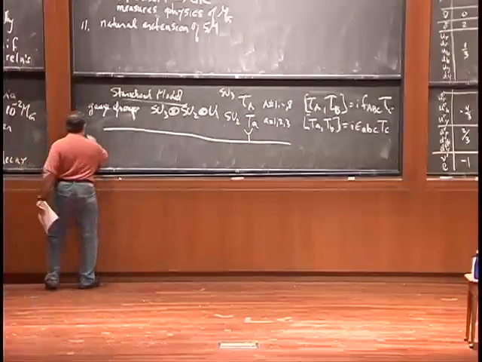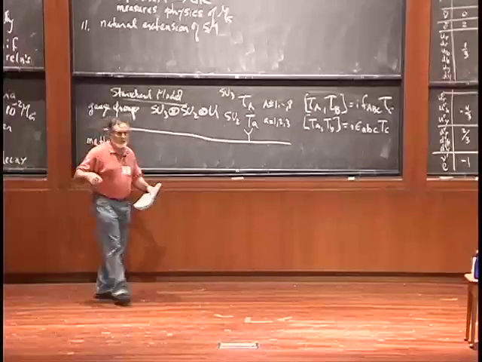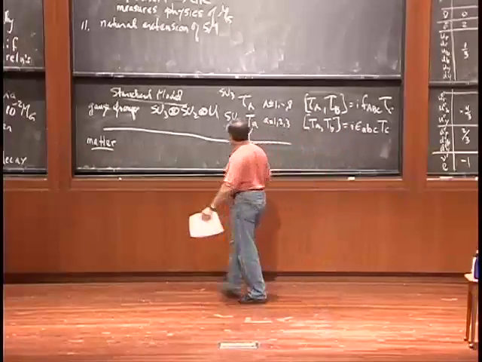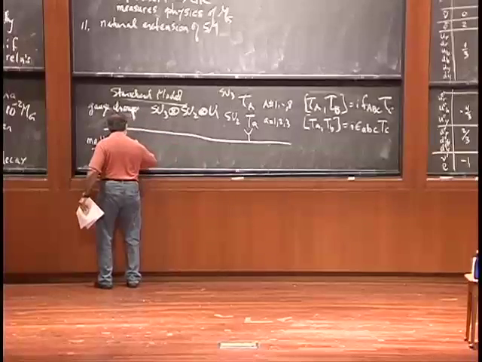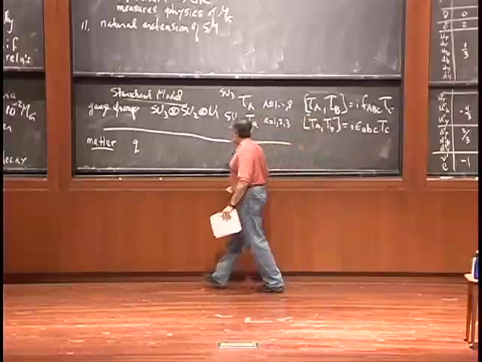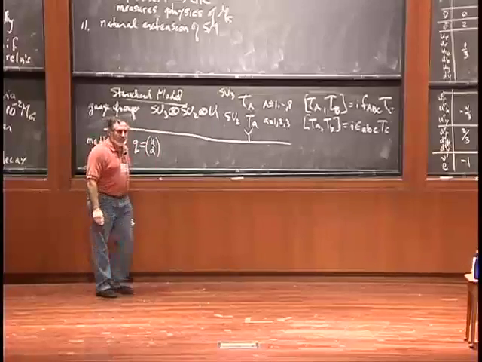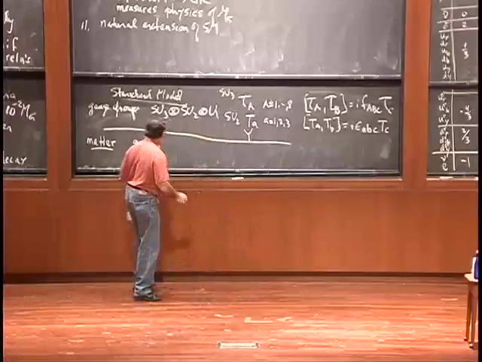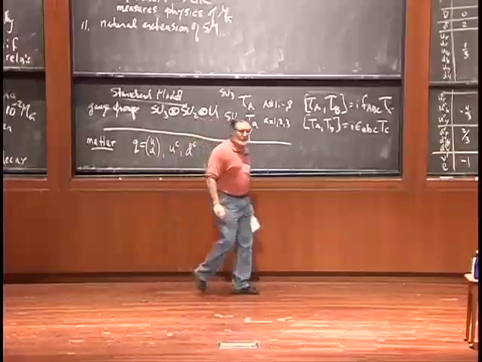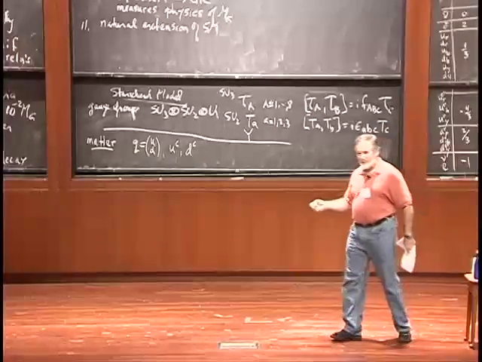And now we have the matter. In the standard model, the matter, except for the Higgs, are all fermions. And they come in these multiplets. We have a quark doublet. The notation I'm using: every field that I write down, these are fields, not just states.